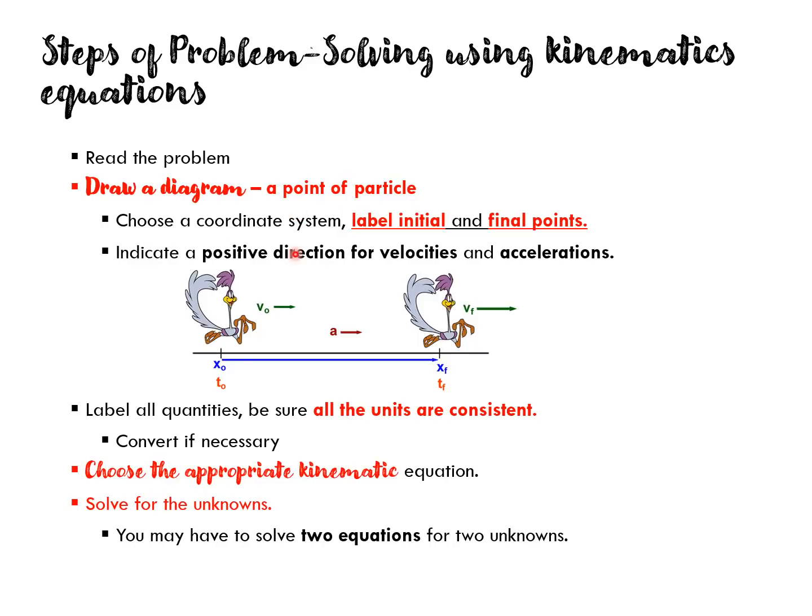Then we choose a coordinate system and label the initial and final points for your reference. Then indicate a positive direction for the velocities and accelerations. Then label all the quantities and make sure all the units are consistent; in physics we must use SI units. Then choose the appropriate kinematics equation, and finally you can solve for the unknowns using the equation that you chose.